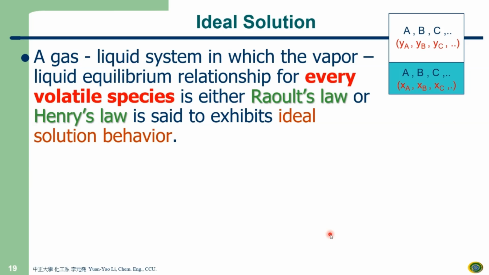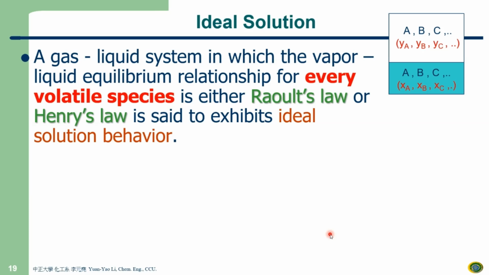This is a gas-liquid system in which the vapor-liquid equilibrium relationship for every volatile species is either Raoult's law or Henry's law, and it is said to exhibit ideal solution behavior. When we talk about ideal gas, we know there's no interaction between molecules, and no energy exchange between the wall and the molecules. So this is the ideal gas.